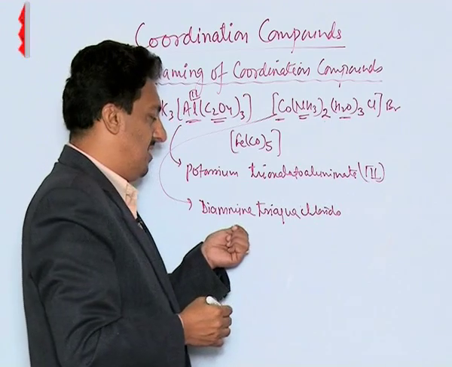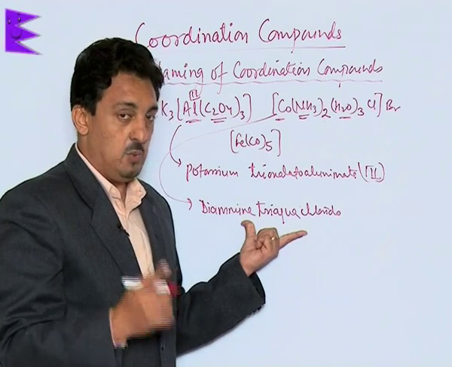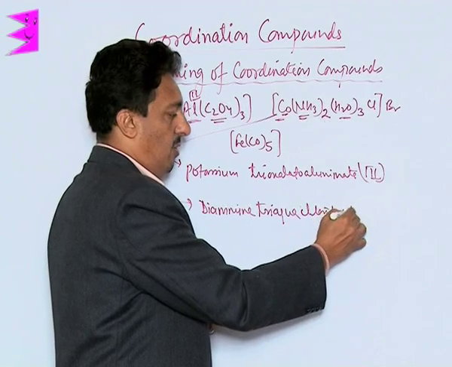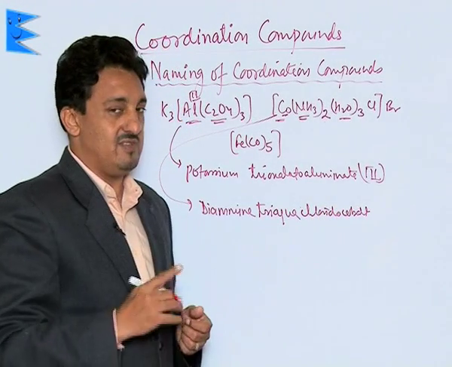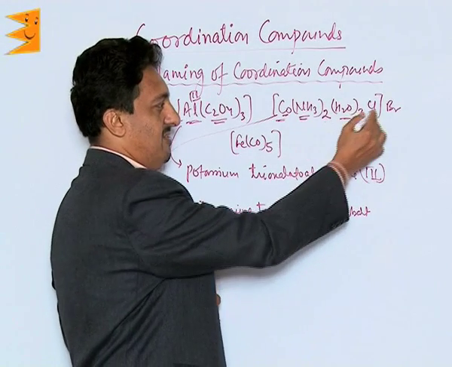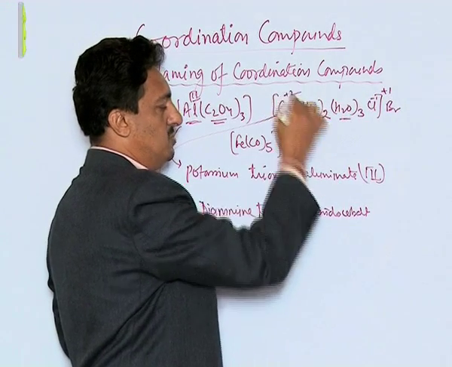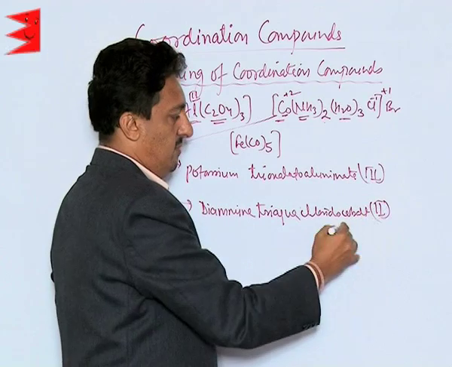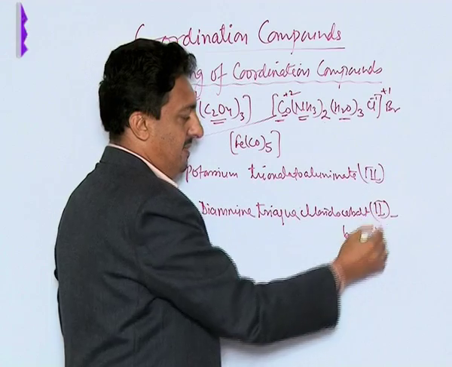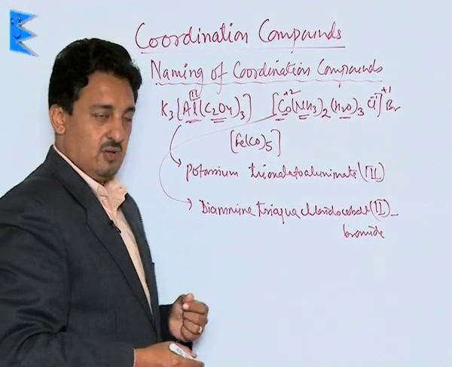I am not giving any gap because the name of the cation has to be written as one word. So it's diammine triaqua chlorido. What is this cation? It's called cobalt. We will not put ate as a suffix because its coordination entity is not an anion. So it's simply written cobalt, then we write its oxidation state. This is plus 1, minus 1 is this one, so it is actually plus 2. So we'll write cobalt(II) bromide. We'll leave a gap and then write bromide because bromide is the simple anion which is present in this coordination compound.